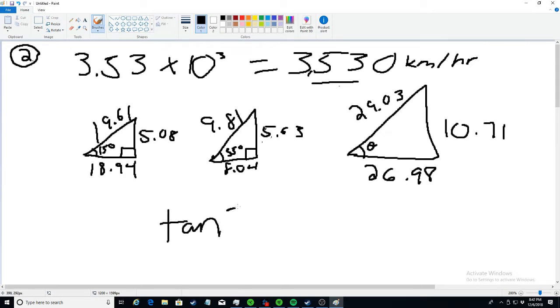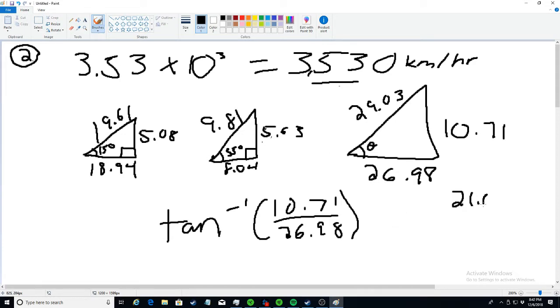I like to use the inverse tangent, as it's very reliable, because if we mess up here, we still have reliable information for the others. As tangent is opposite over adjacent. We would plug this into our calculator to get theta. And theta, after you plug this in, would be 21.65 degrees.